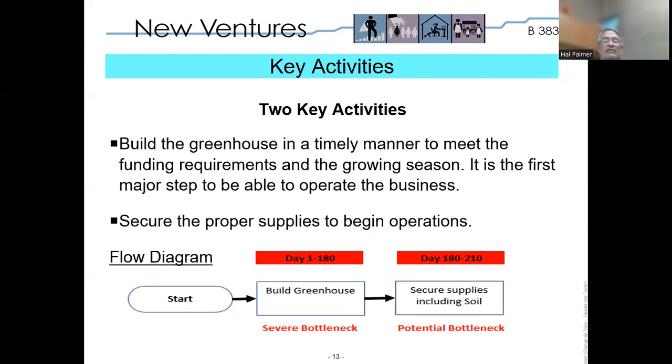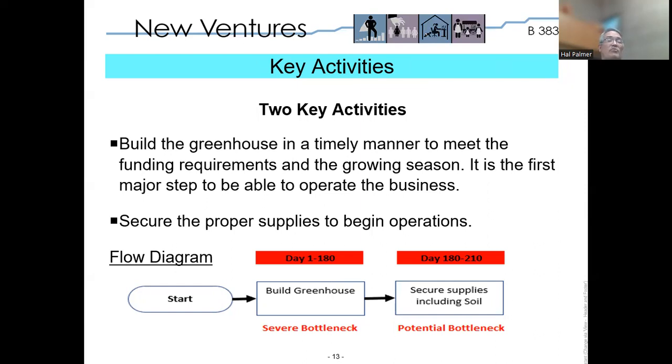I chose these activities for this presentation because they are so critical and could cause bottlenecks to get the business up and running. Obviously, they will take a lot of planning and arranging, and they will need constant focus or they could really disrupt what we're trying to accomplish here.